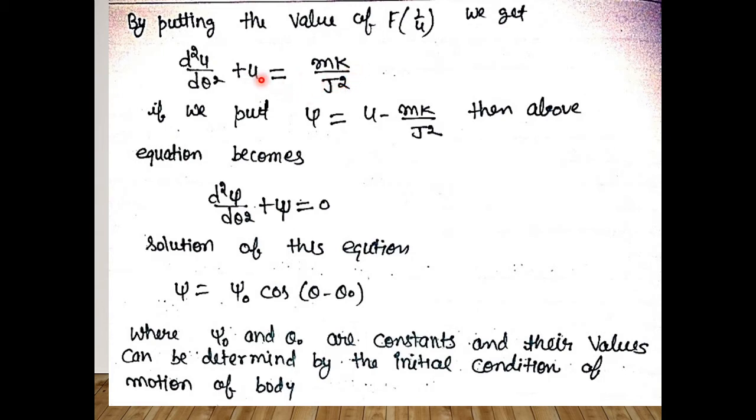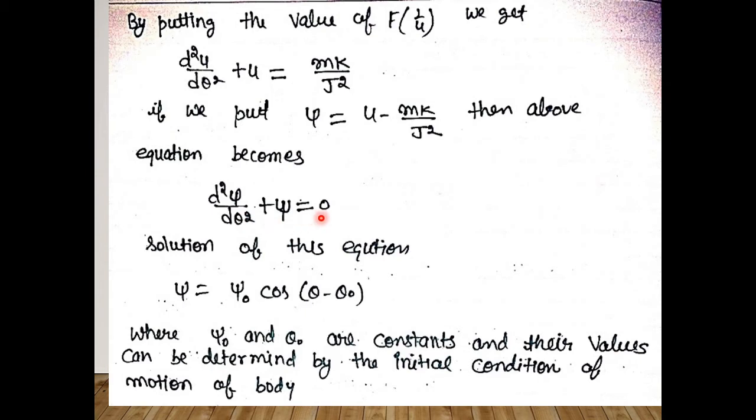Now if we put psi equals u minus mk upon j square, then if we rearrange this equation, on the LHS, the RHS will be 0 and u minus mk upon j square is a term which we suppose is psi. Then this will become d2 psi upon d theta 2 plus psi equals 0, because the differentiation of the constant term will be 0 and d psi upon d theta equals du upon d theta.